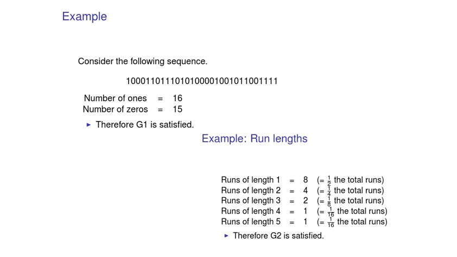Length 2 runs are 4. And length 3 runs 1, 2, only 2. And length 4 runs 1, only 1, and 1 here.